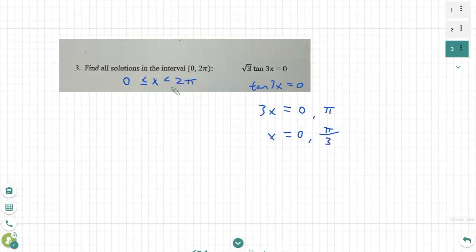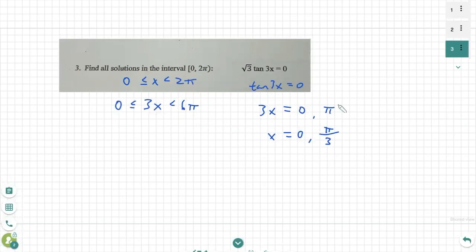So if x is between 0 and 2 pi, what's 3x in between? 0 and 6 pi. So 3x has to be between 0 and 6 pi, right? So when solving for 3x, we need all the solutions up to 6 pi.